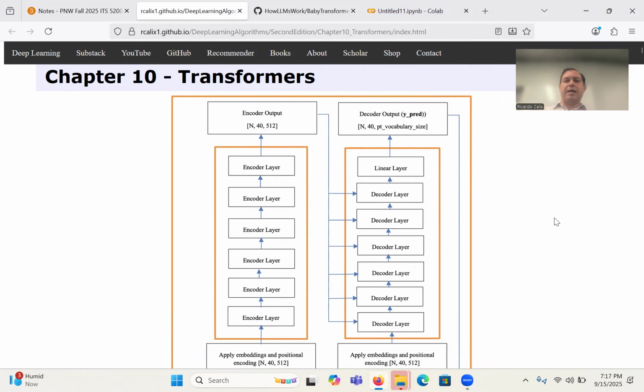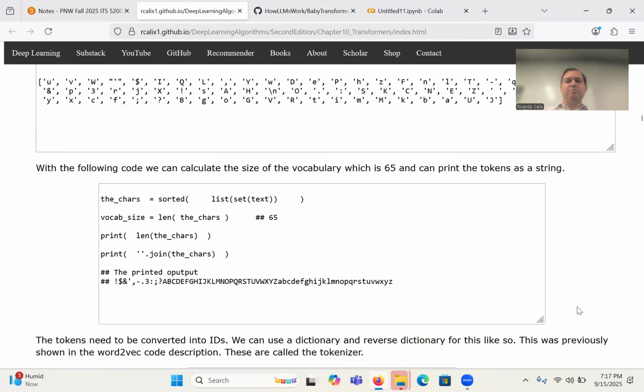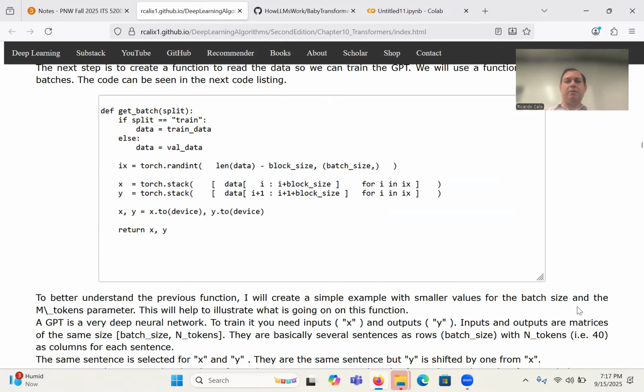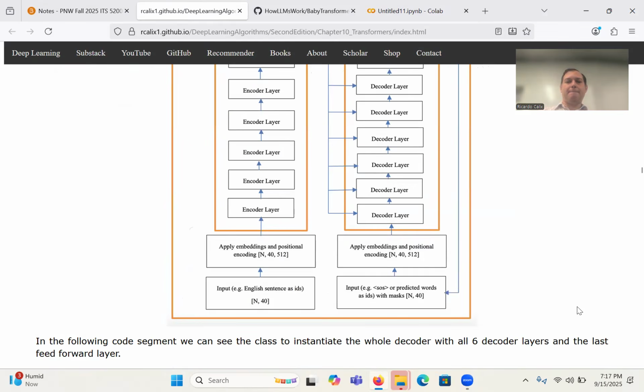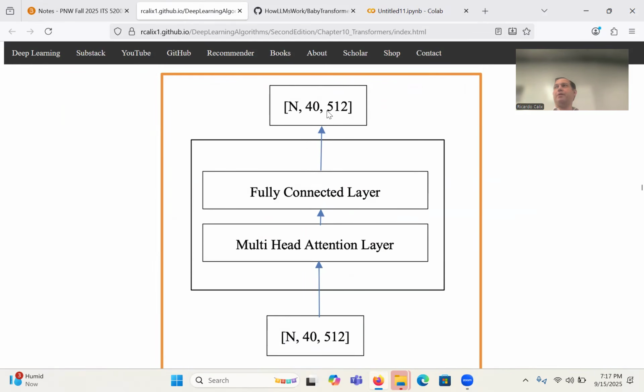All right, if you zoom in, I have one graph here. This is just one block, and notice this captures the idea. N by 40 by 512 goes in, and 40 by 512 must come out. We do the multi-head attention. Why multi-head? Because there are 8 heads.